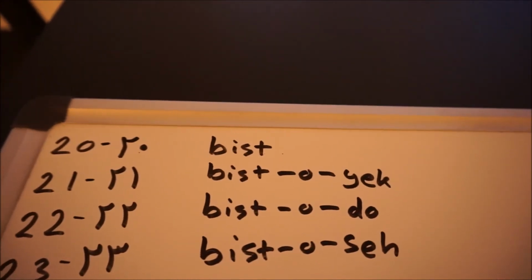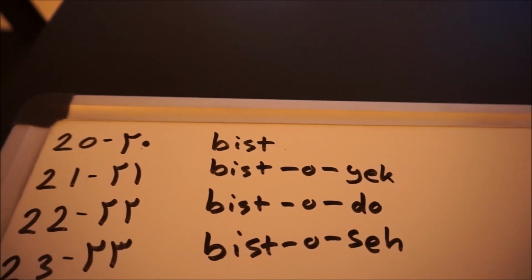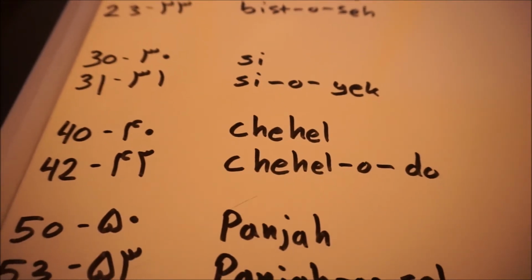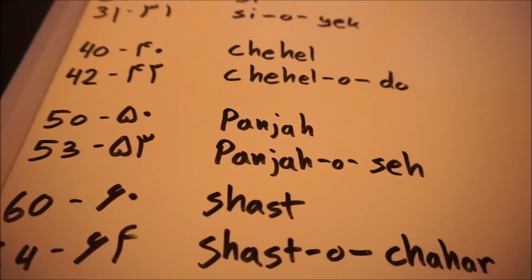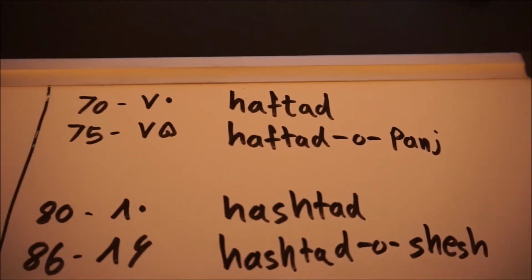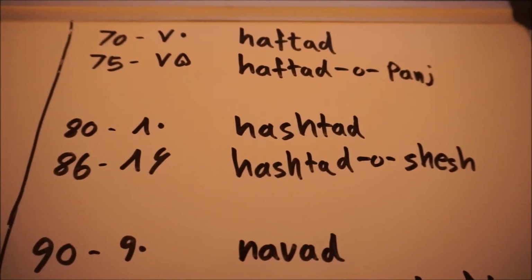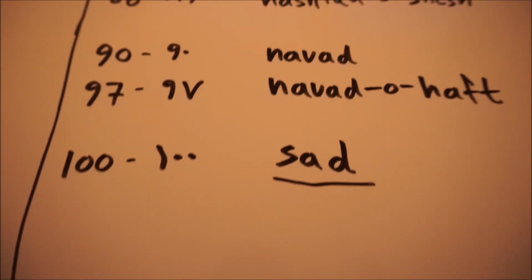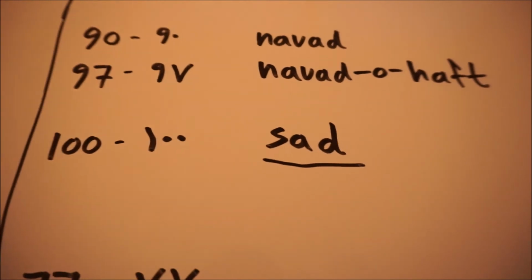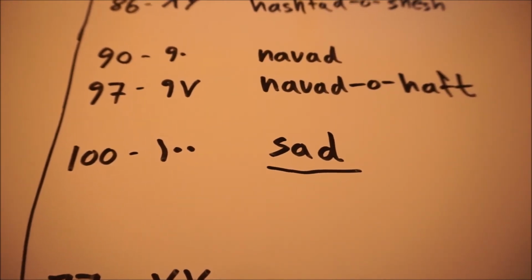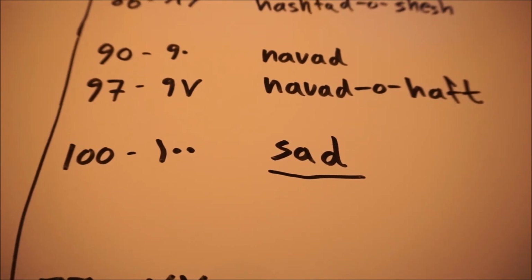So 10 itself is dah, 20 is bist, 30 is si, 40 is chehel, 50 is panja, 60 is shast, 70 is haftat, 80 is hashtat, 90 is navat, and finally 100 was sad. And that is all you need to know to count between 20 and 100. It is pretty simple actually.